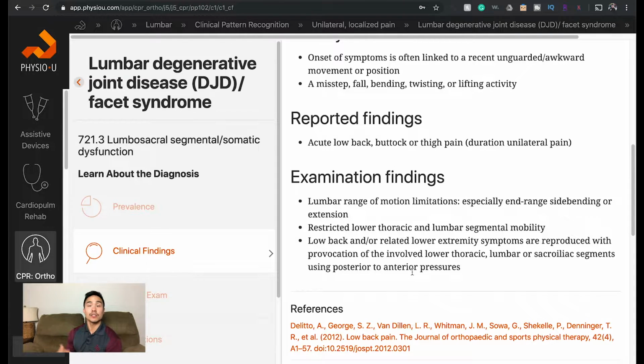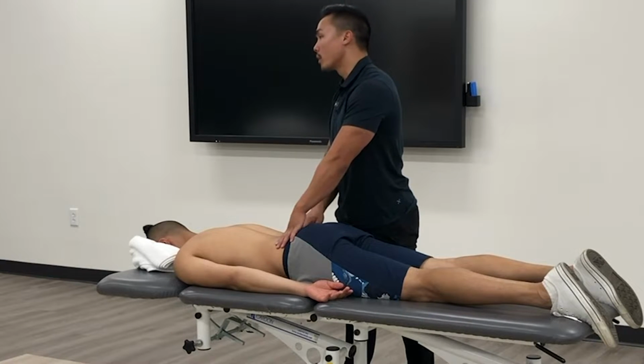Meaning you can reproduce their symptoms when you're pushing from posterior to anterior. If they're prone, face down, and you're pushing on them, that's posterior to anterior. As you saw in my objective exam, when I did that, the patient said, "Oh yeah, that's the pain right there."